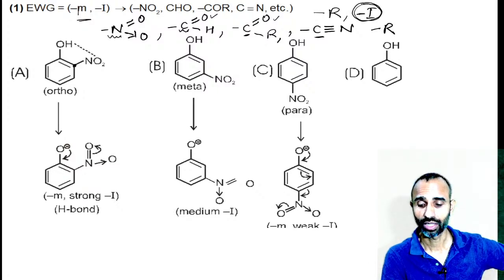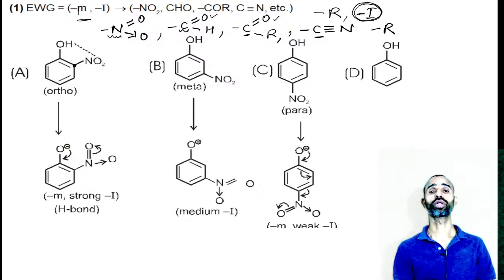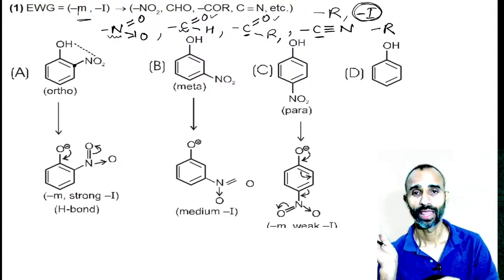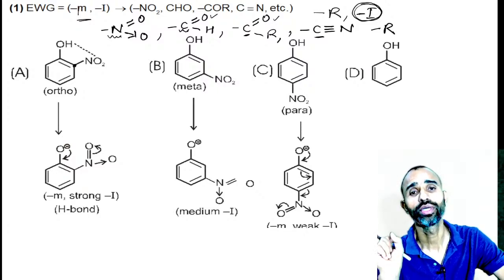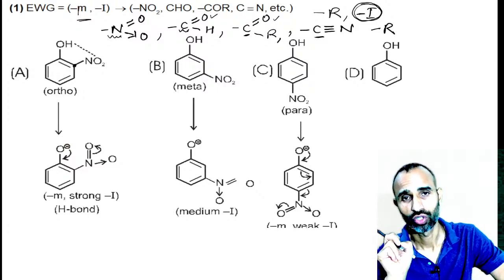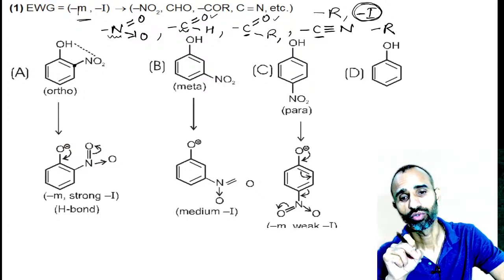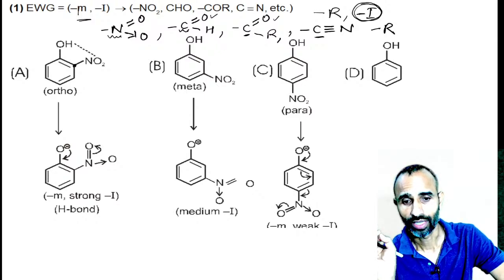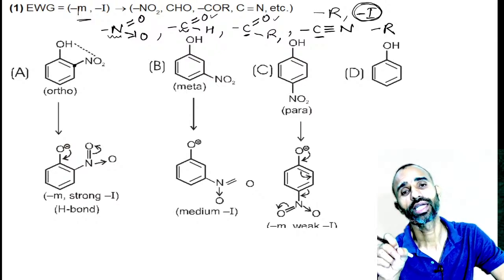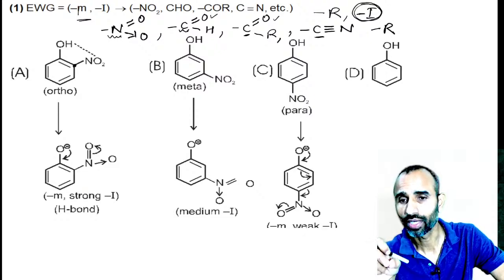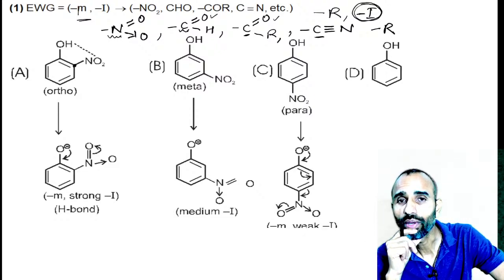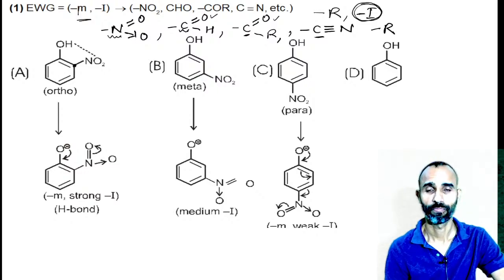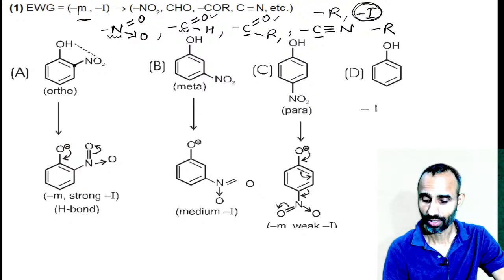In inductive effect, we take into account electronegativity only, and in minus R effect, we take into account the pi bond attached to the atom directly attached to the ring. And if the atom directly attached to the ring has a lone pair, then that group has plus R effect, like NH2.